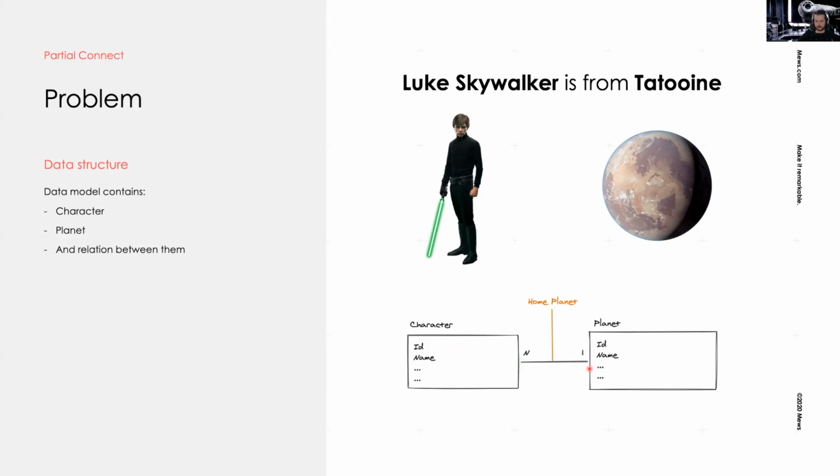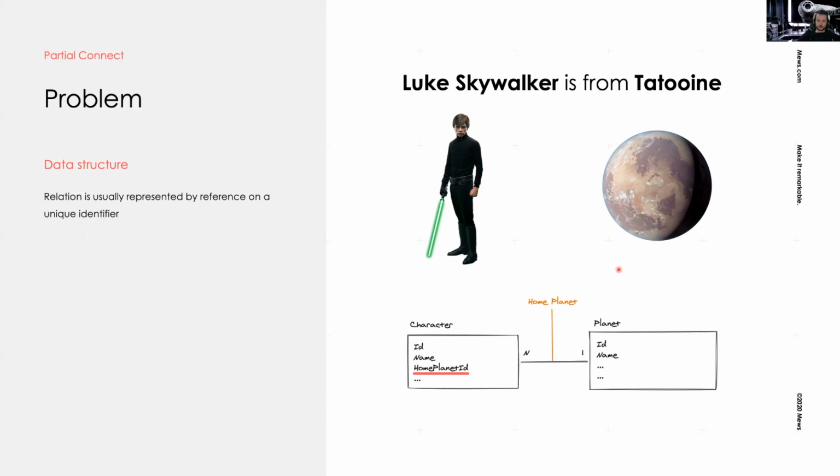Over here, we say that a character can have only one planet as a home planet, but one planet can host multiple characters. This is usually done by referencing the unique identifier on the character entity. So we will be referencing the ID.